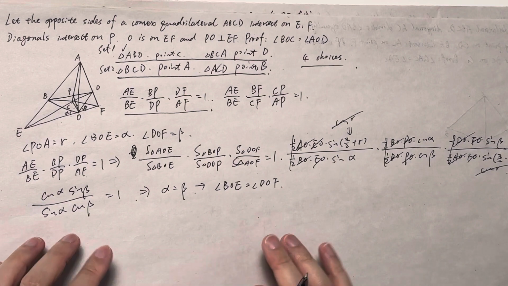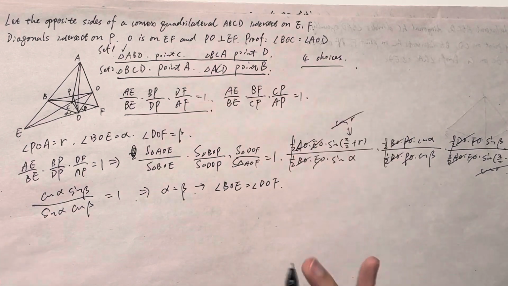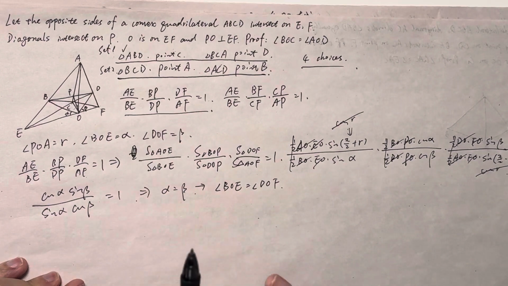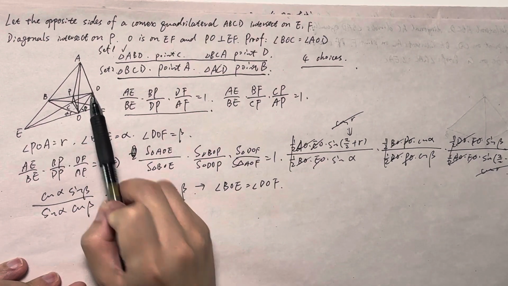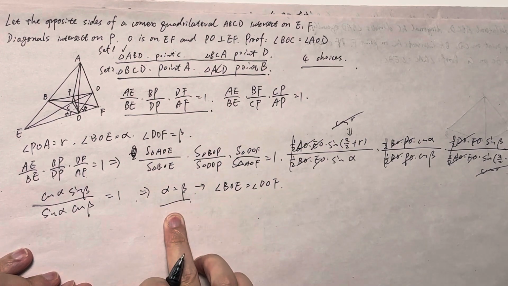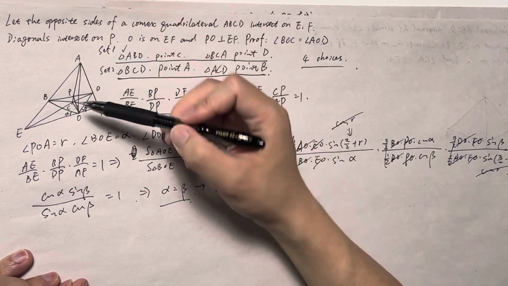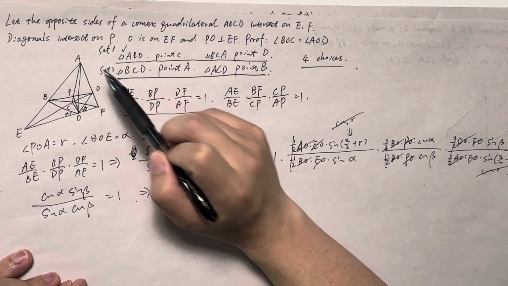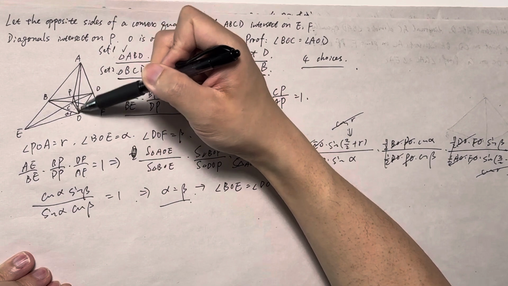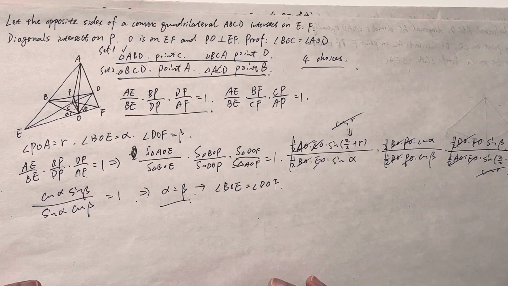Now, let me explain why we want to have these triangles here. From the triangle ABD or the triangle BCD, we can conclude that alpha equals beta. And we want to prove that BOC equals DOA, which means we want to put OC, OP, OA into our equation.